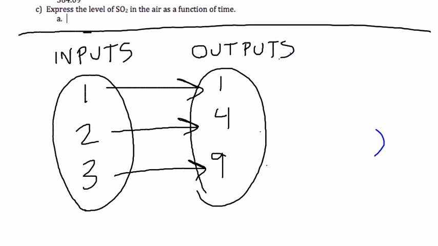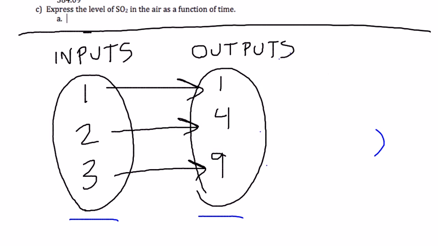Here is a function map. I don't know if you're familiar with those or not, but in the left circle we've got the inputs, generally the x values, and in the right circle I've got the outputs, generally the y values, or maybe if your function's f of x.